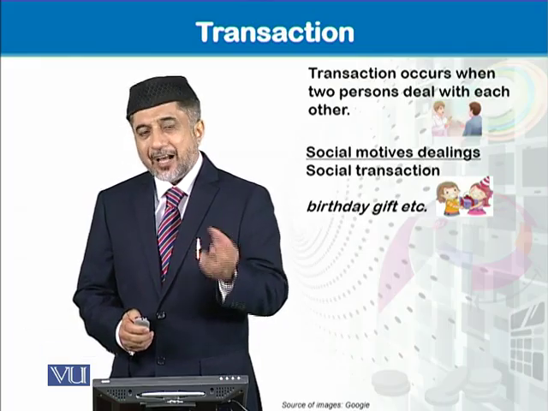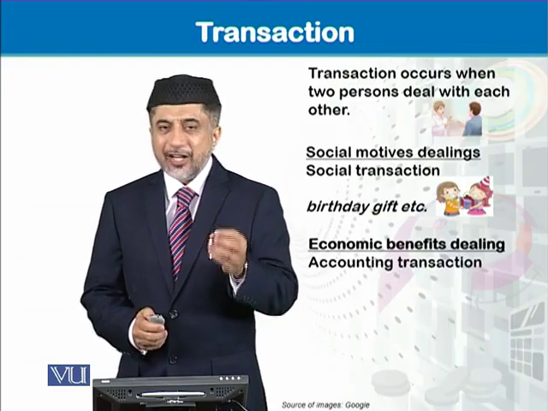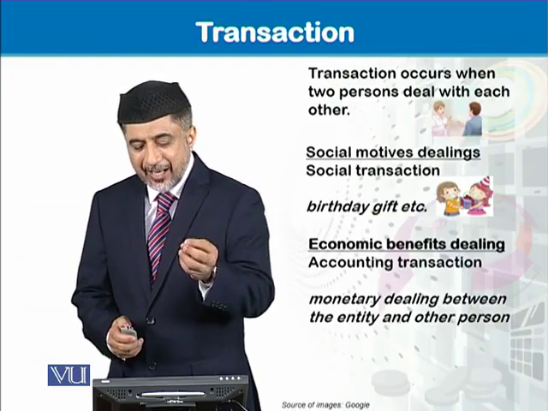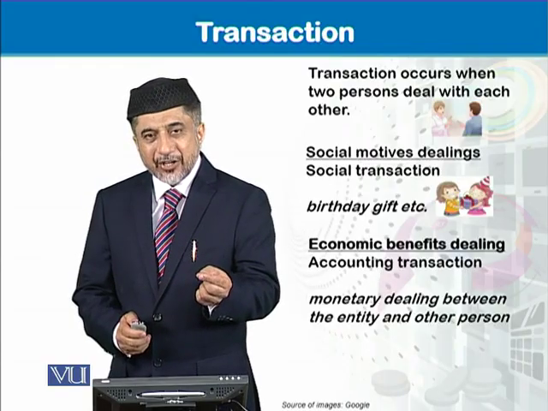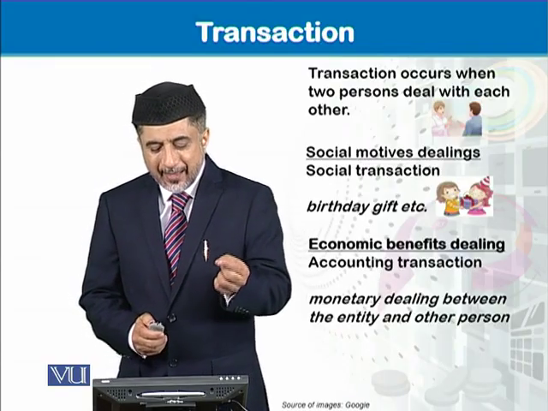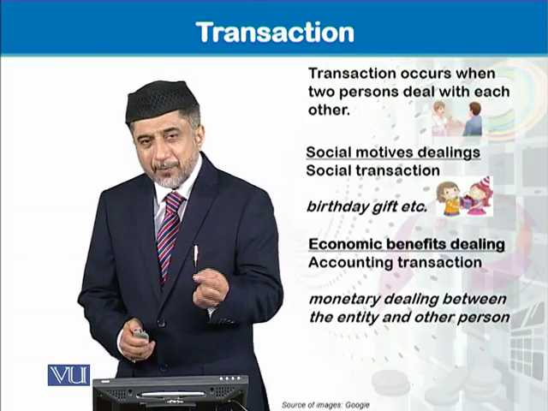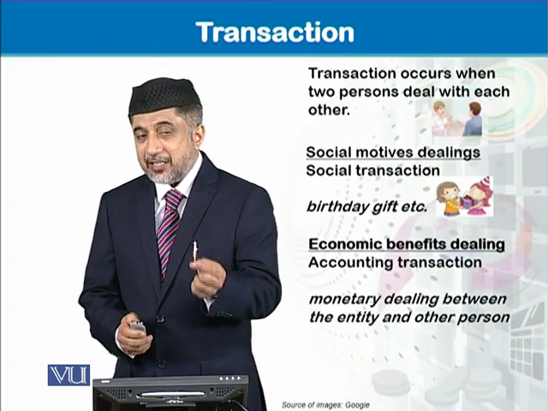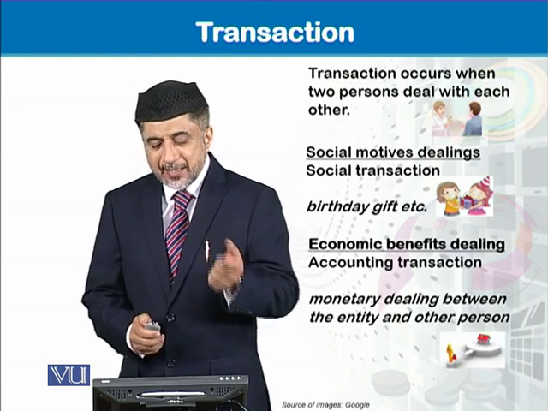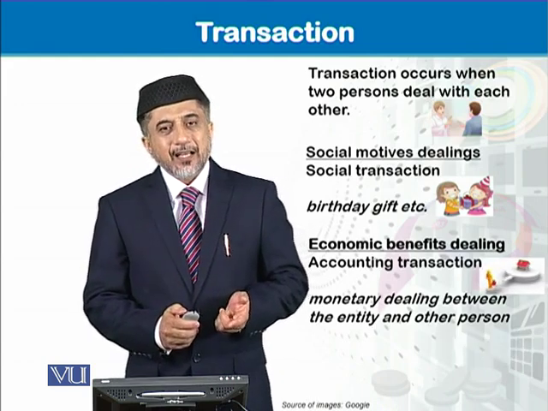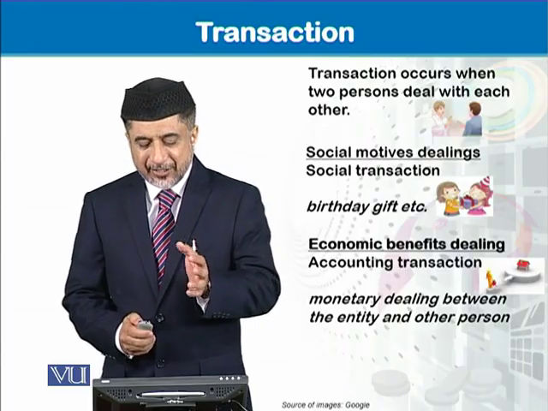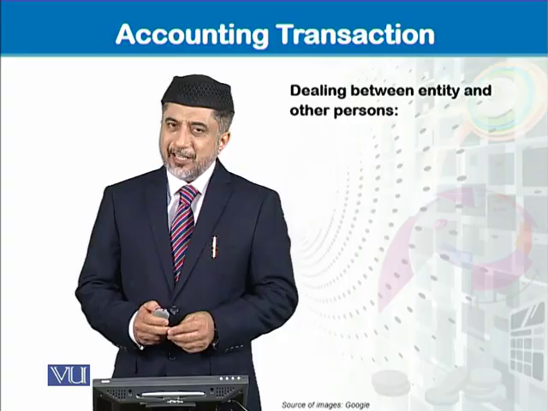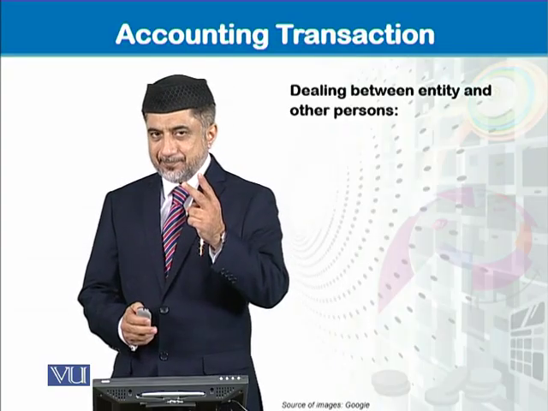Or a business dealing, an economic benefit dealing, which is known as an accounting transaction, in which we deal with other persons and which is measurable in terms of money. This is an accounting transaction.